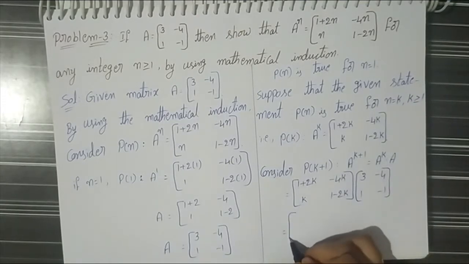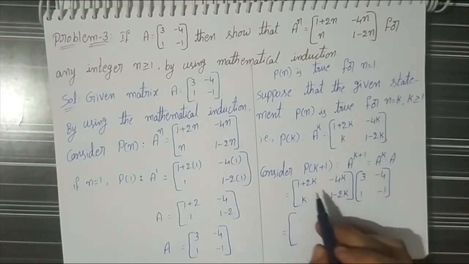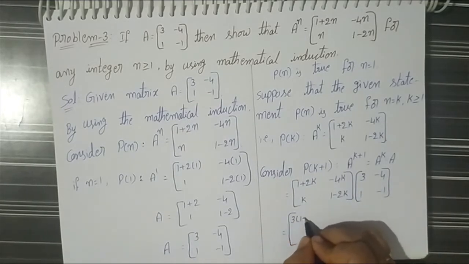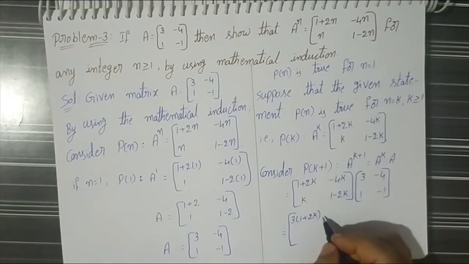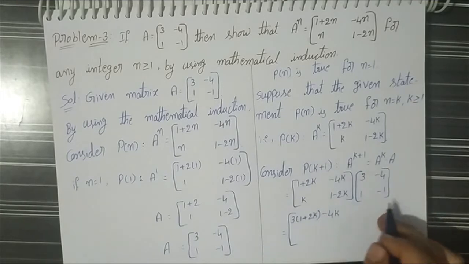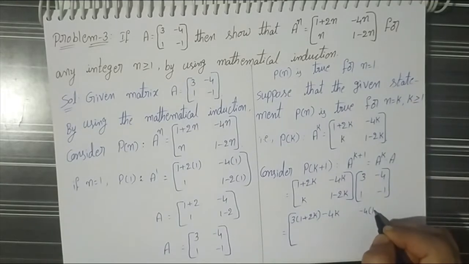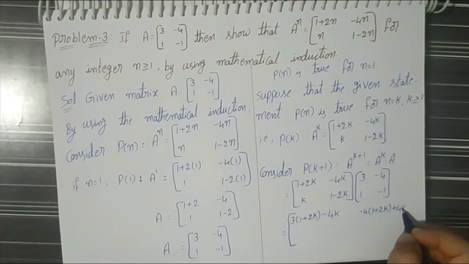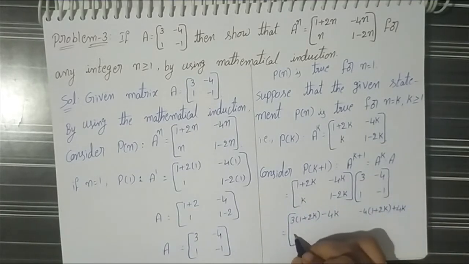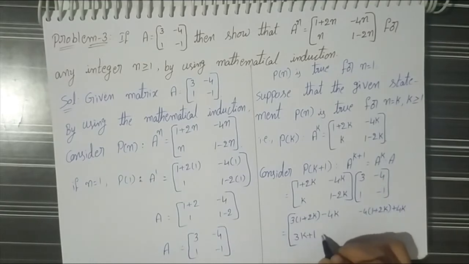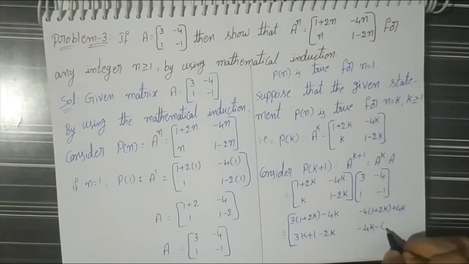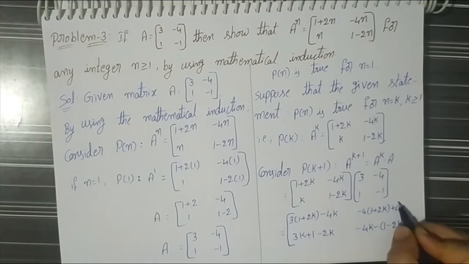After that we multiply the two matrices. First row with first column: 3 into (1+2k) plus (-4k) into 1, and so on for the other elements.